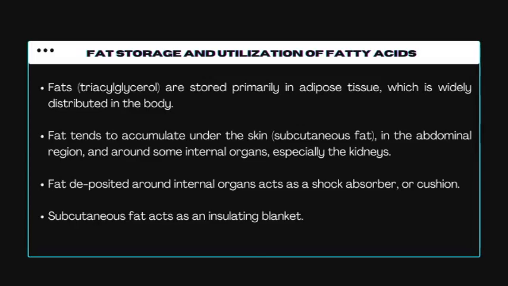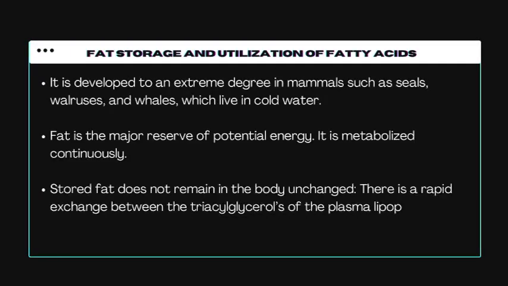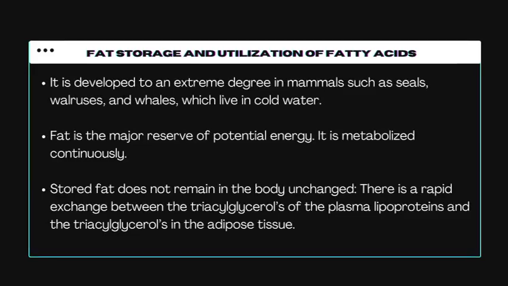Subcutaneous fat acts as an insulating blanket, which insulates the body from extreme temperature and helps keep the internal climate under control. Mammals found in cold water, like seals, walrus, and whales, are examples of animals where a fatty layer developed.